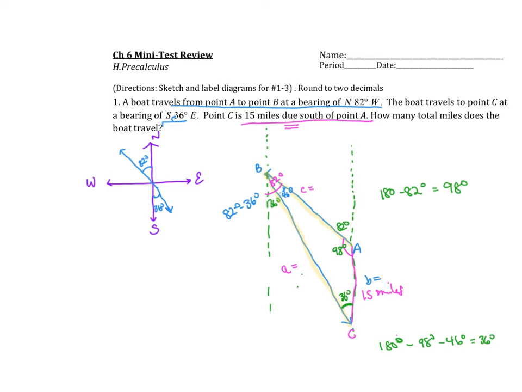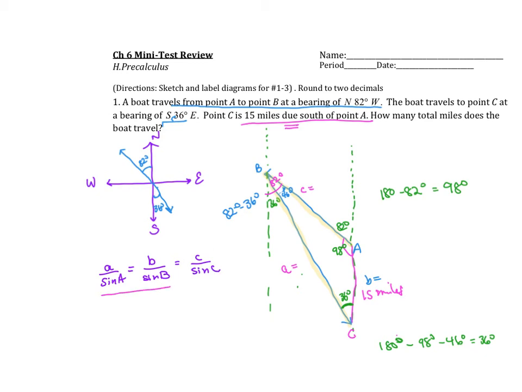Now we can find A and C by using the law of sines. We can use A over sine of A equals, we know, side B over angle B, and then we'll also use C over sine of C, in order to solve all these pieces.